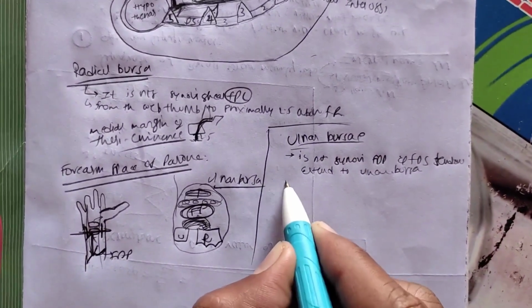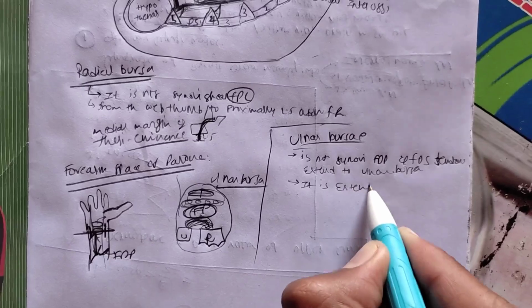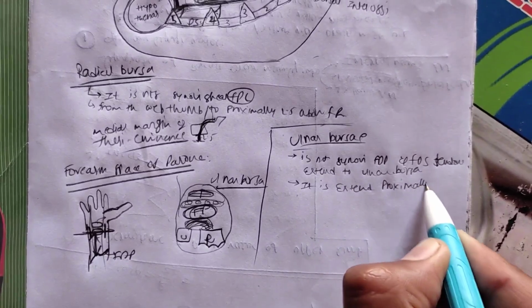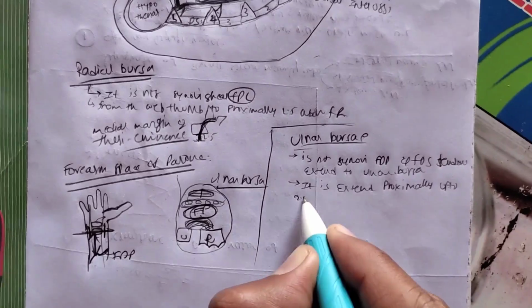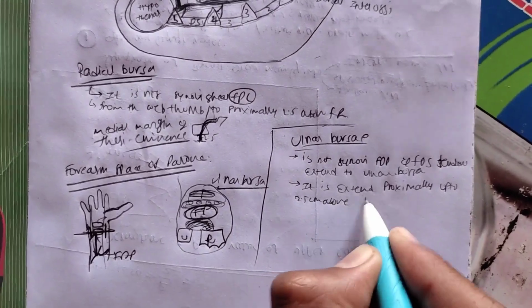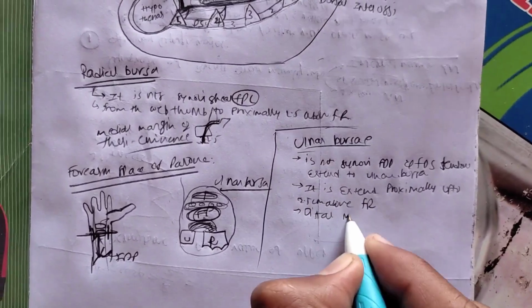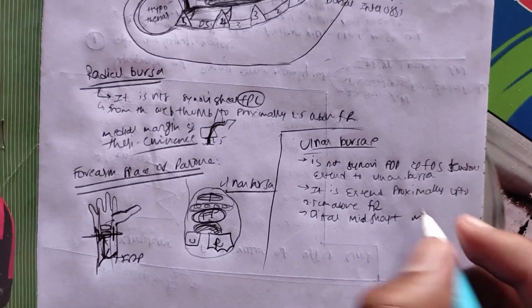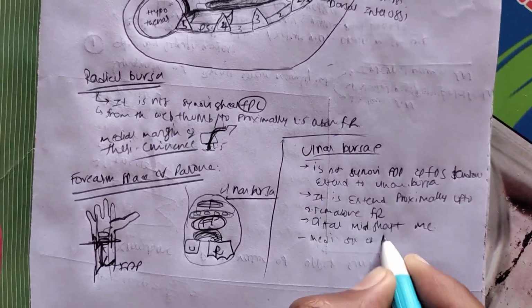It extends proximally up to 2.5 centimeters above the flexor retinaculum, distally up to the mid shaft of the metacarpals, and medially it matches with the synovial sheath of the little finger.